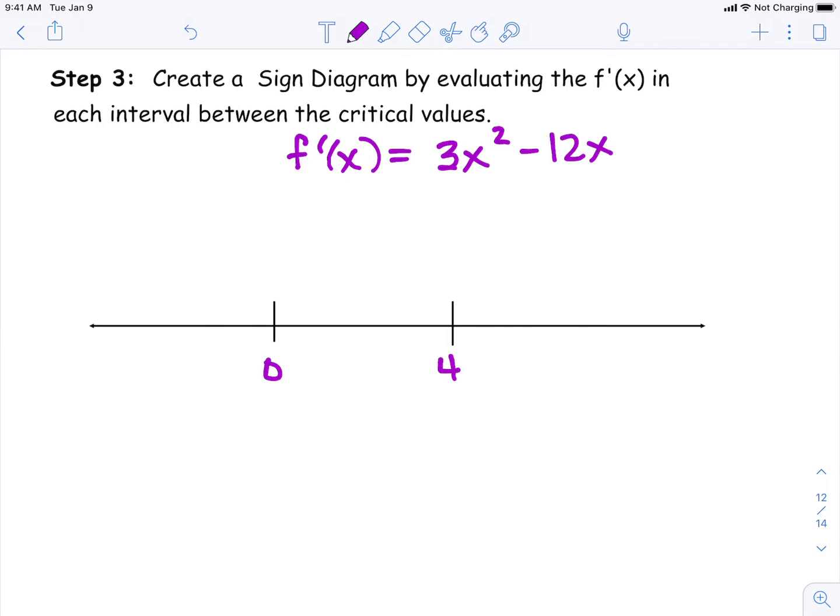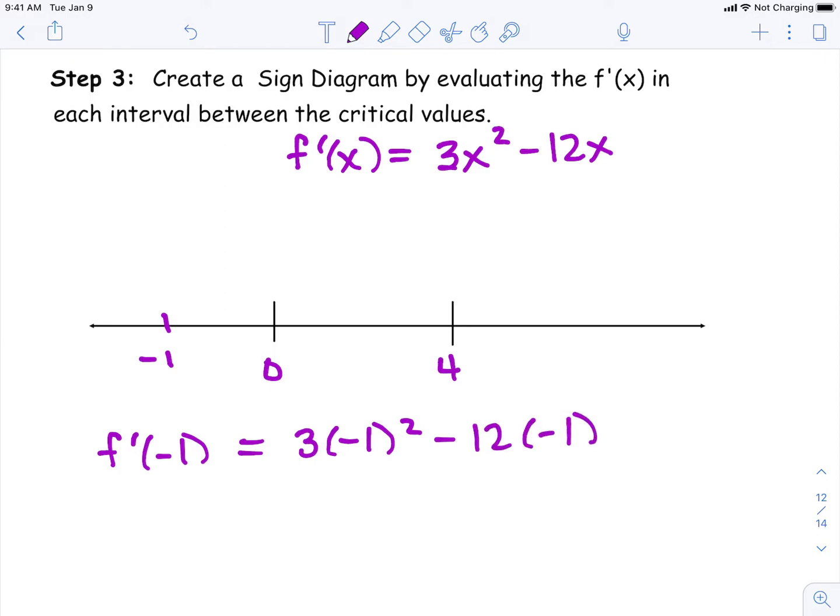So I'm going to start with -1 to the left of 0, and I'm going to evaluate it for -1. And we get positive 15. Now let's go somewhere between 0 and 4.